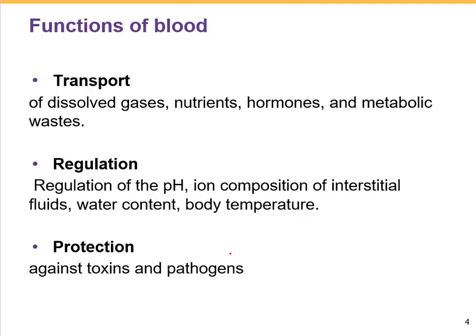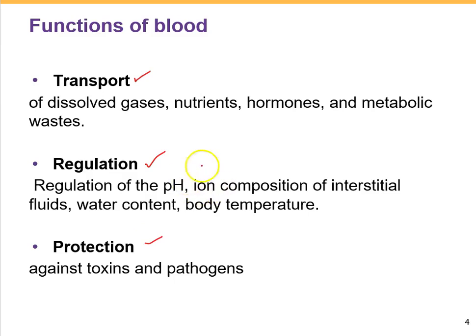The blood performs several essential functions in our body. We can divide the functions of the blood into transportation, regulation, and protection. One of the primary functions of blood is to transport different substances throughout the body.